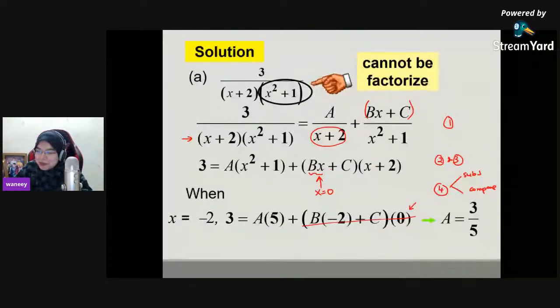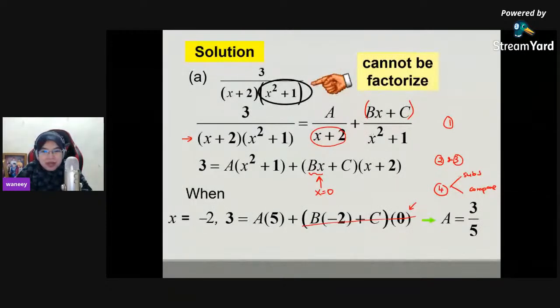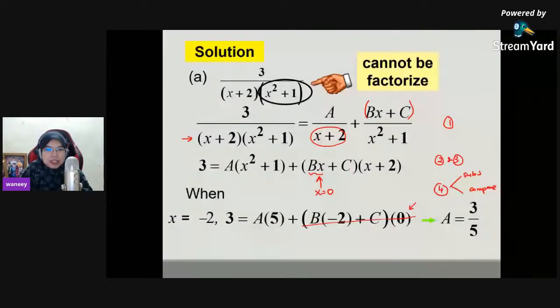Okay, so now, I think the reason why you guys are having different values most likely is because of your bx plus c. You are supposed to write them down with some bracket. So ada setengah orang dia tak tulis dalam bentuk bracket. So that is the reason why. Another one, I think the problem is with this x.